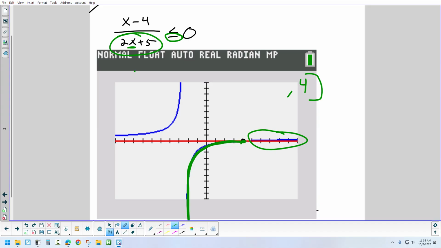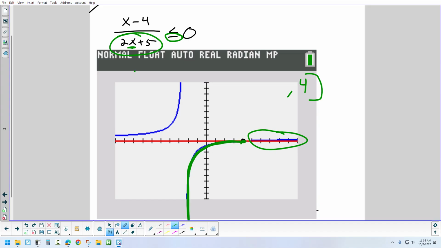You can't divide by 0. So if there's a number that you could plug in here and it would cause you to divide by 0, that's probably a pretty good hint at how far to the left you can go.